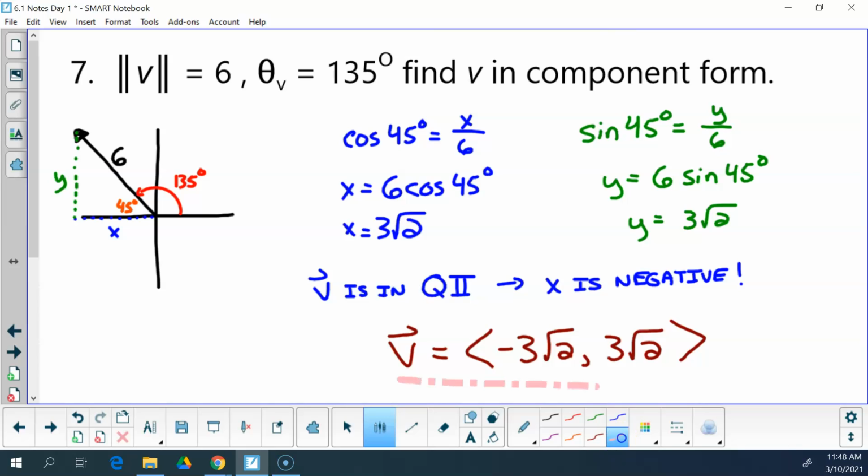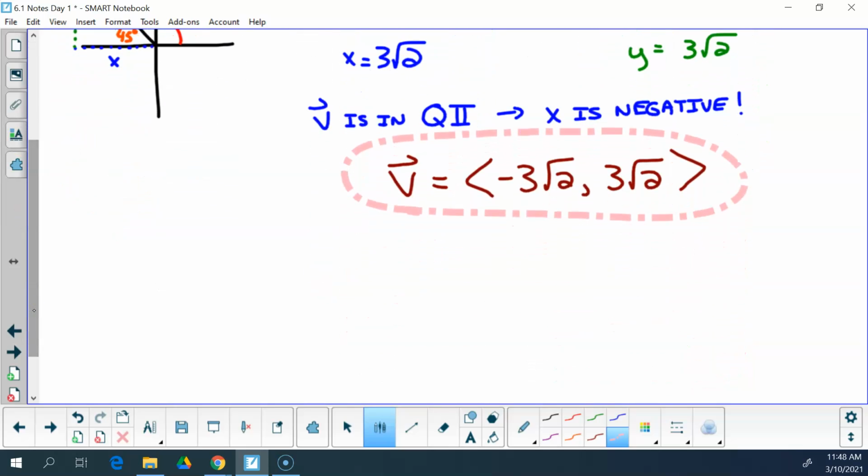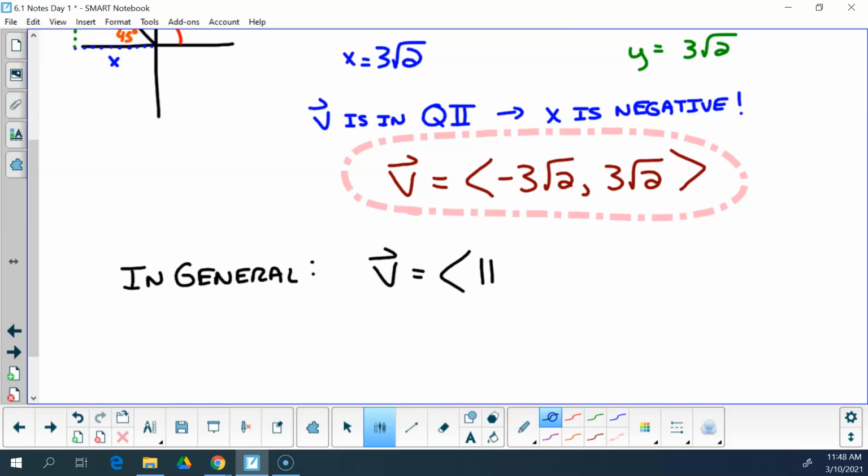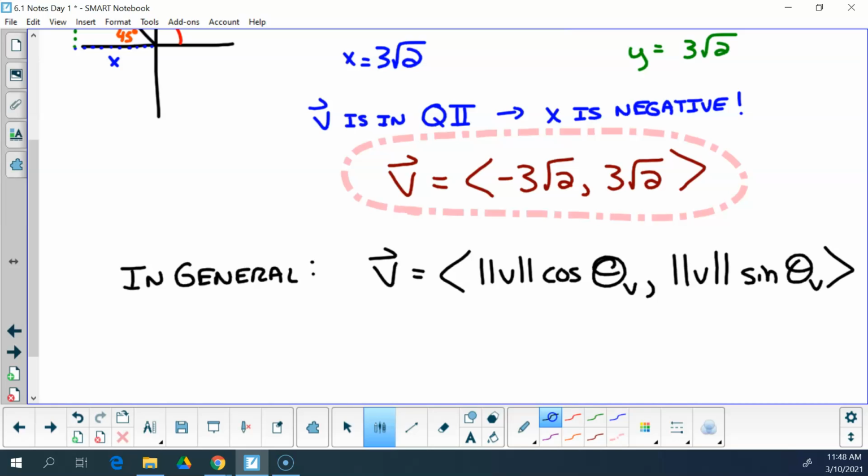In general, the nice thing about vectors is that the vector v is going to be comprised of the magnitude of v times the cosine of its direction angle, and the magnitude times the sine of its direction angle.